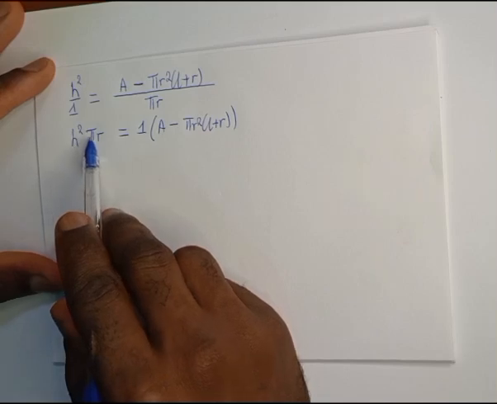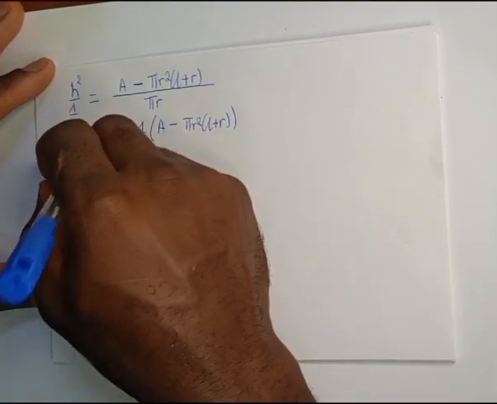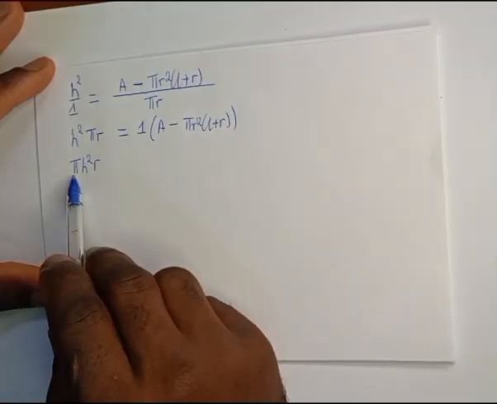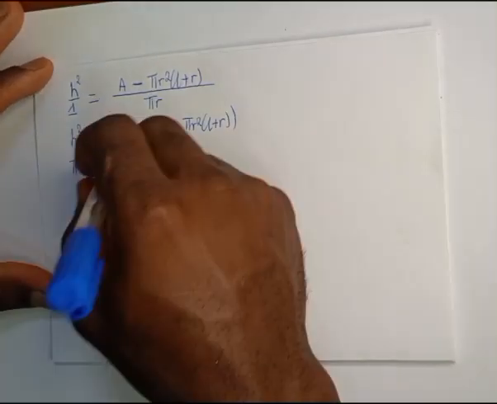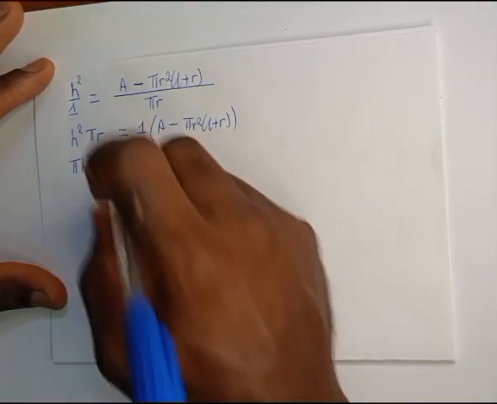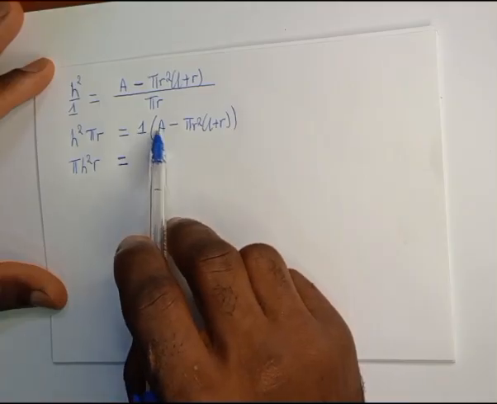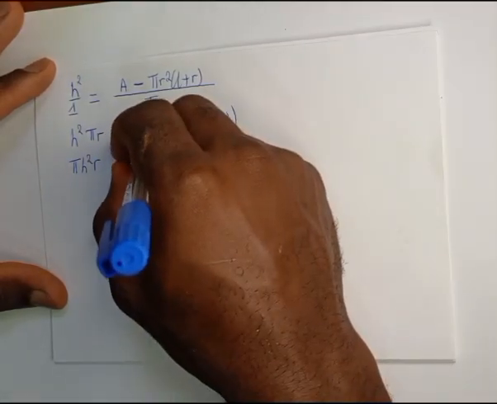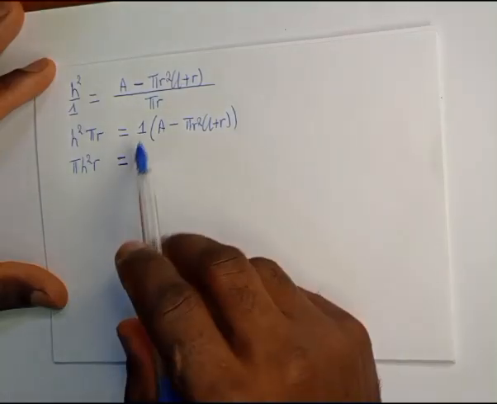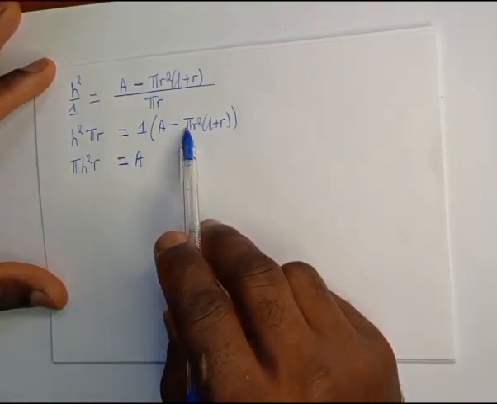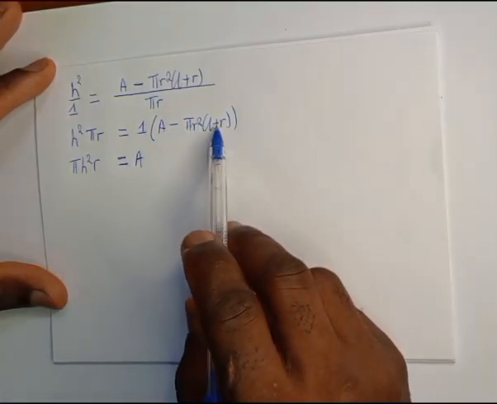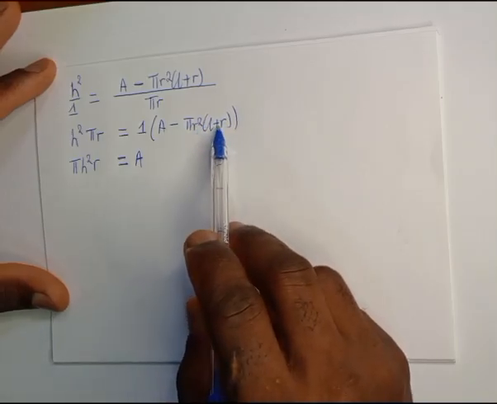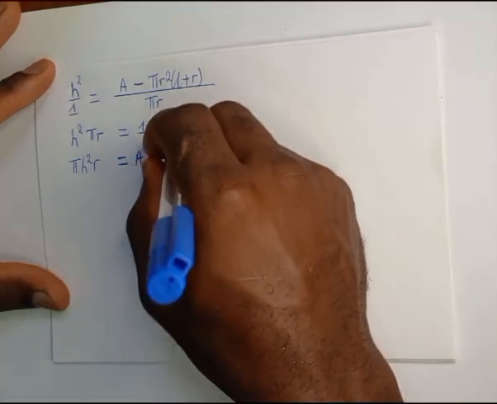H squared times pi r will give us pi h squared r. Pi comes in front because pi is a constant, is equal to 1 times A remains A, 1 times negative pi r squared times L plus r, it remains negative pi r squared times L plus r.